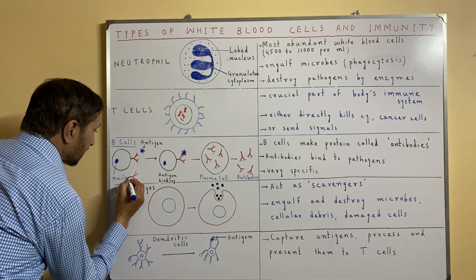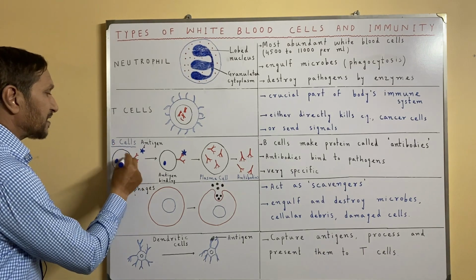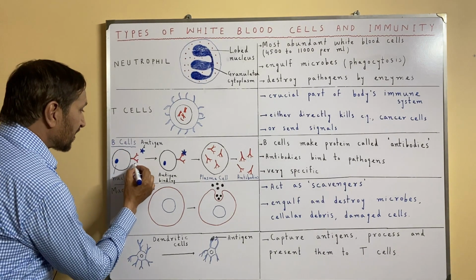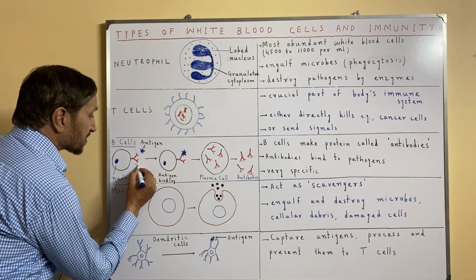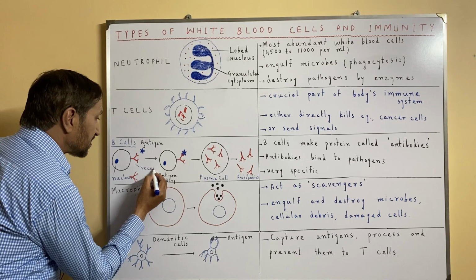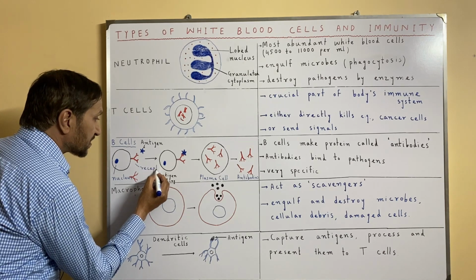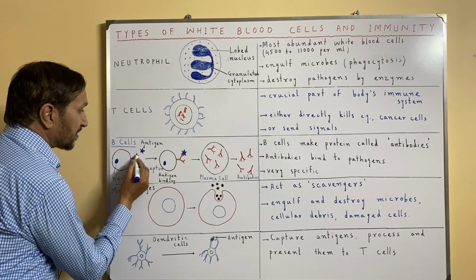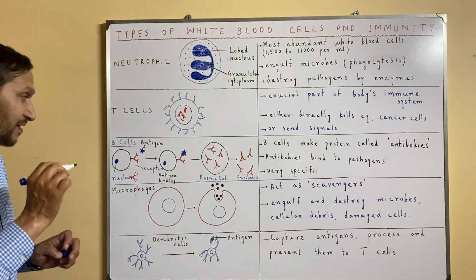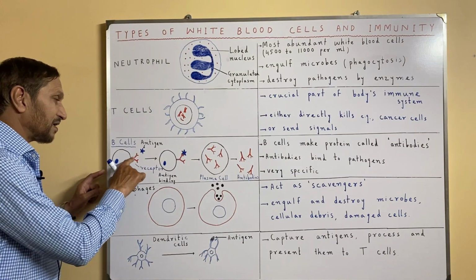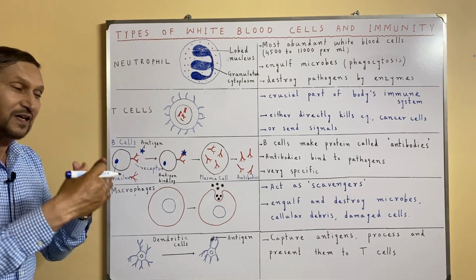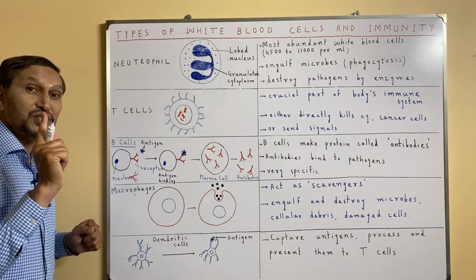On the surface of the cell, on the cell membrane or plasma membrane, we can see the receptors, and these receptors have a certain structure. This one, for example, has a V-shaped structure, and this specific structure is specific for combining with a particular antigen.